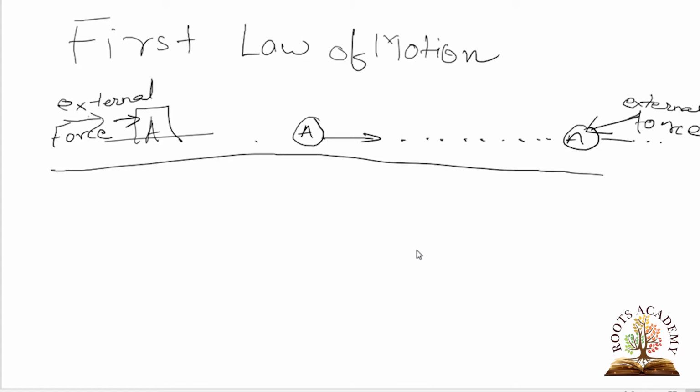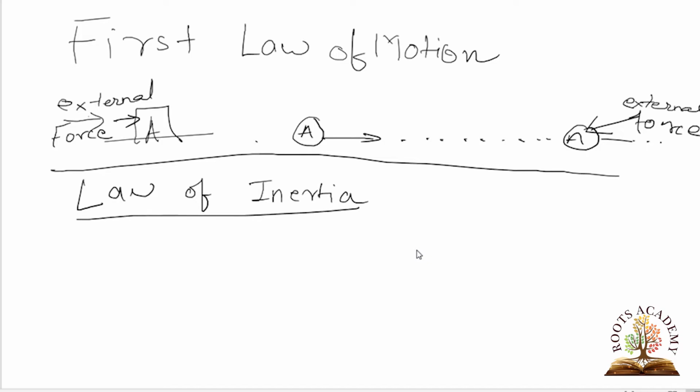This law of motion is also called the law of inertia. What the law of inertia exactly means is that an object will resist a change in its state of motion.